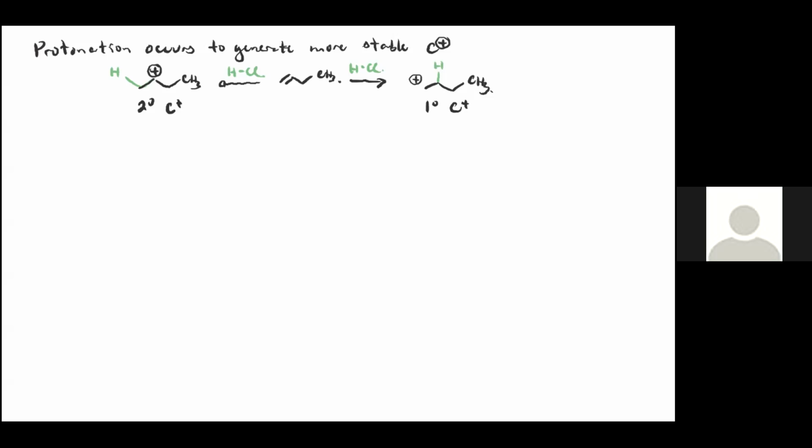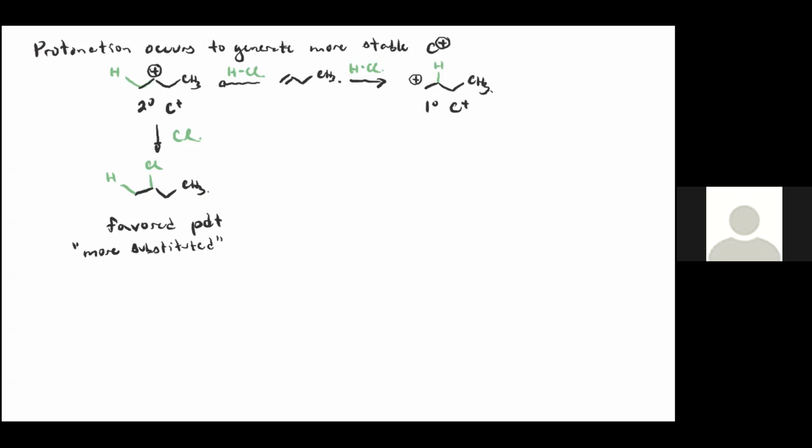And so we will always protonate for 1-butene in a way that I generate the secondary carbocation. What this means then is that chloride traps this to form the more substituted product. By more substituted, I mean the chloride is bonded to the carbon that bears more carbons.